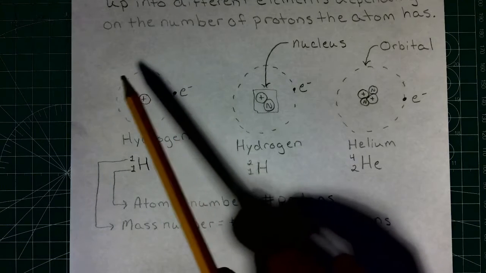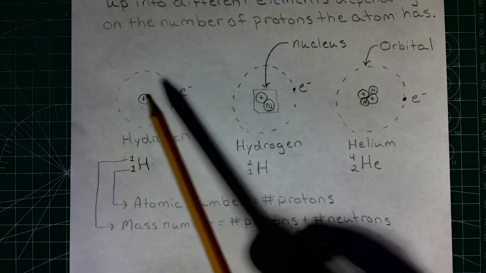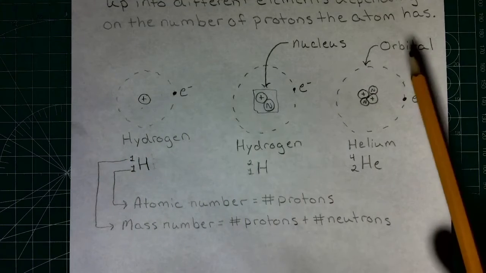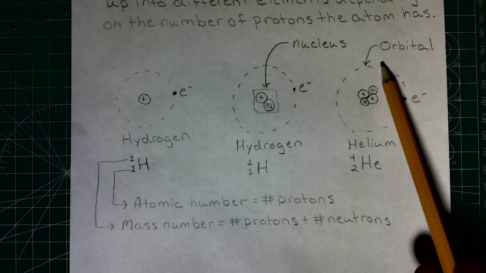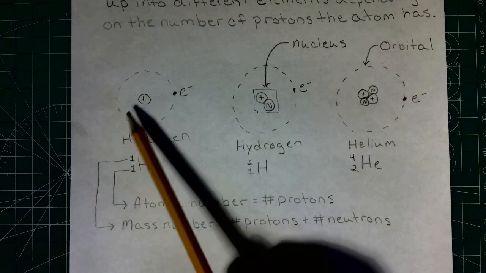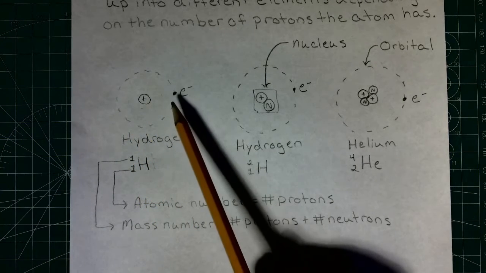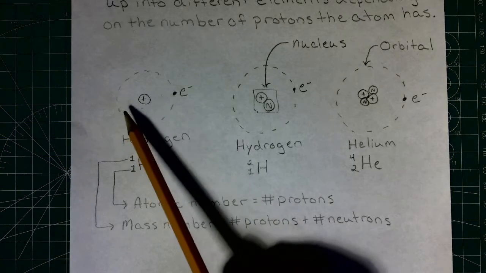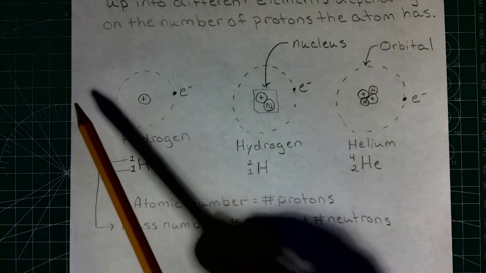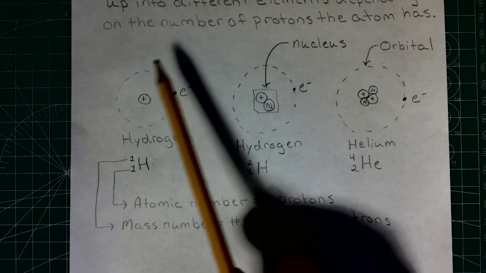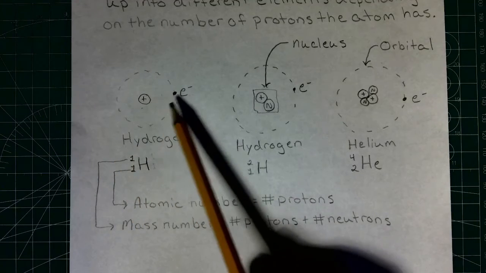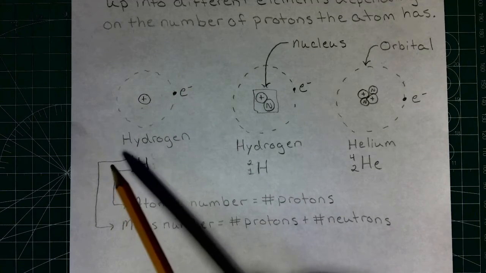It travels around the nucleus in something that we call an orbital. And you can see that there's a positive charge on the proton and a negative charge on the electron. So we have one negative charge, one positive charge, and that gives the whole thing a neutral charge. 1 plus 1, 1 minus 1, and we get to 0.